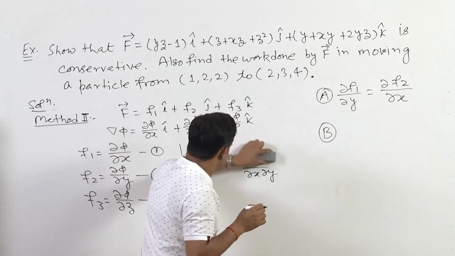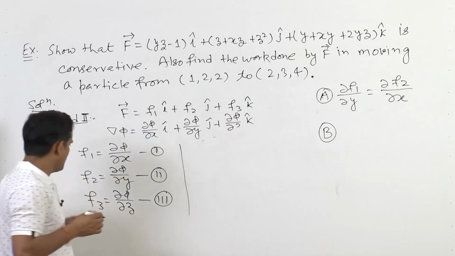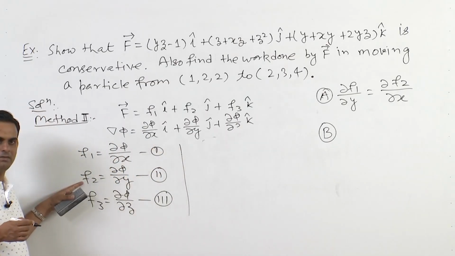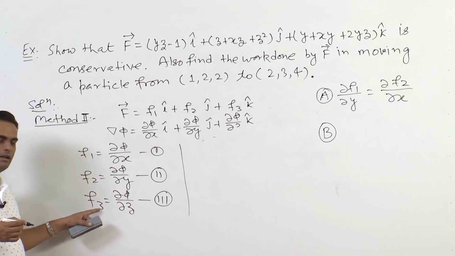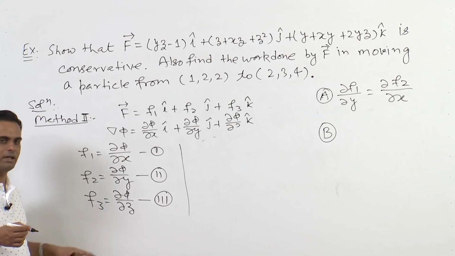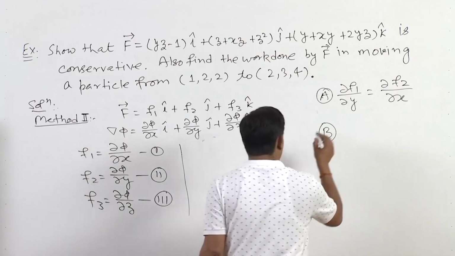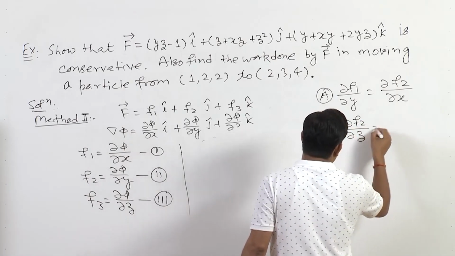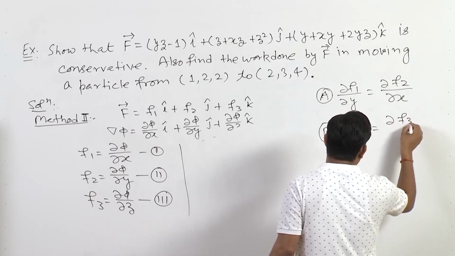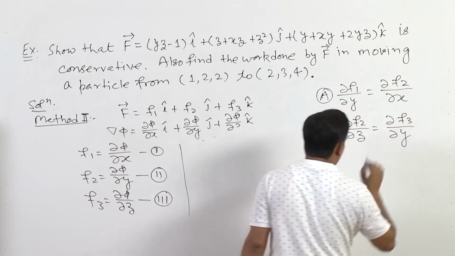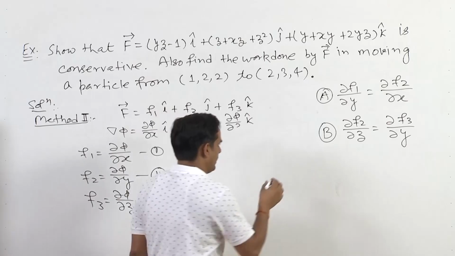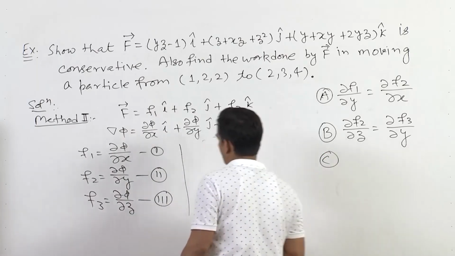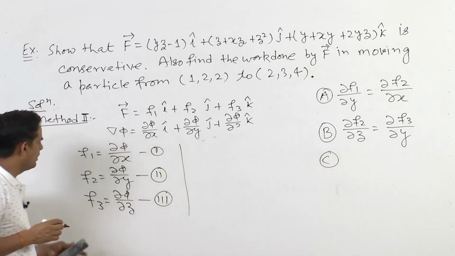Similarly, what you do? You differentiate partially the second relation with respect to z and the third relation with respect to y. So, what you will get? Del f2 over del z equals to del f3 over del y. And then what you do?